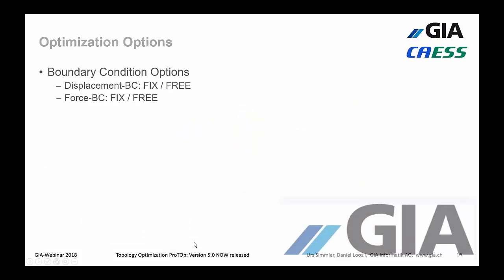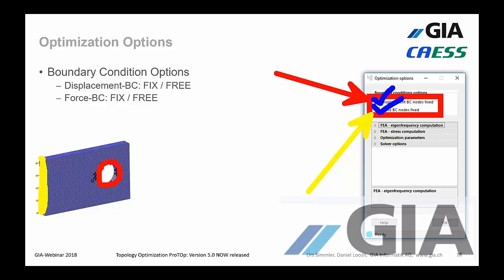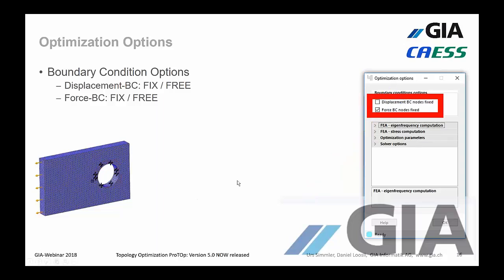ProTOp now also includes some new boundary condition options when we are thinking about the constraints. Here are the displacement boundaries, and on that side we have our forces, and now we can set these options in order to get a specific behavior.